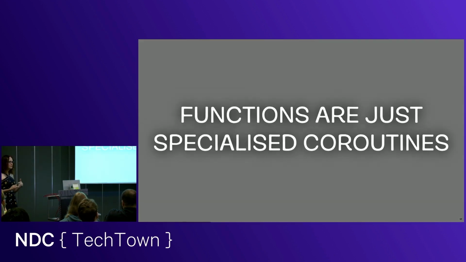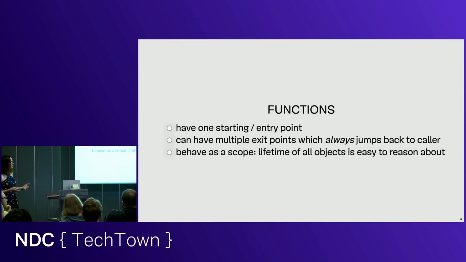But before I explain how coroutines in C++ work, let's say functions are just specialized coroutines. They are a subset of all coroutines, kind of, logically. So a function usually has one starting point you call in, and it will start at the top. There is one entry point, and you can have multiple exits. You can have multiple returns, and you will never go back.